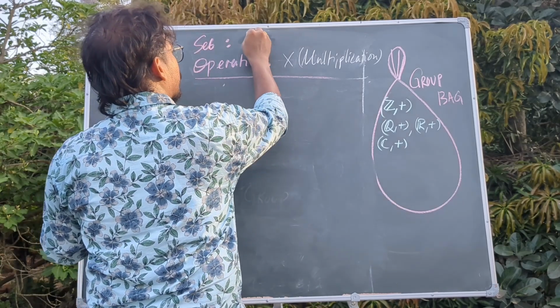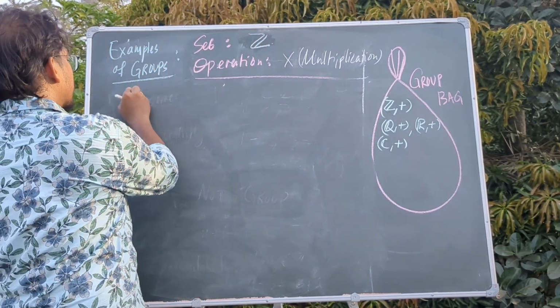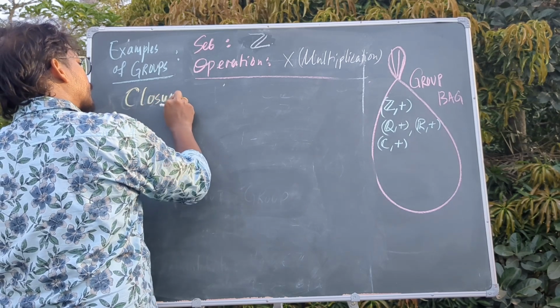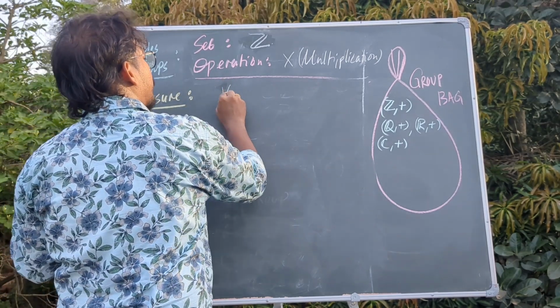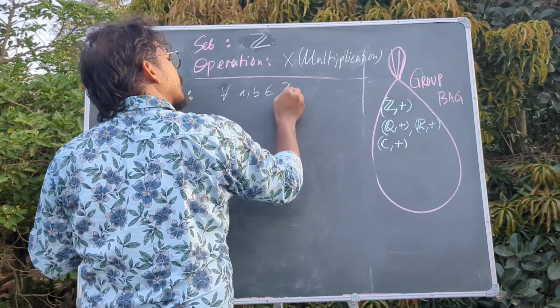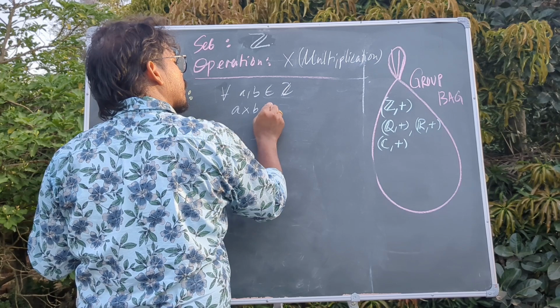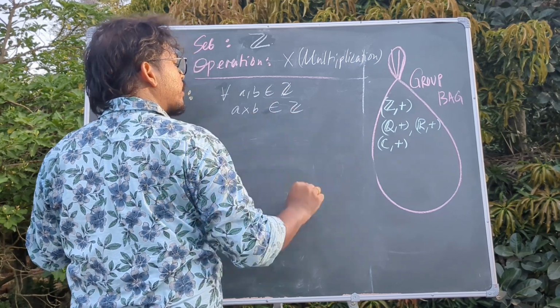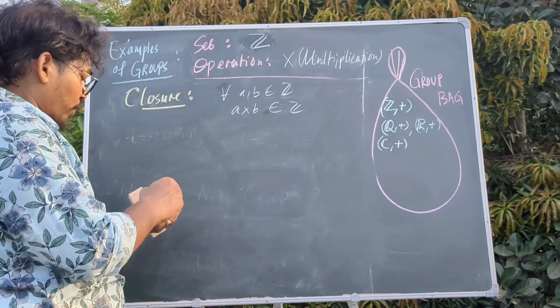Now let us have the operation multiplication. I will start with the set of integers. Closure: for any two integers, is their product an integer? A times B is always an integer. So the closure property will hold.